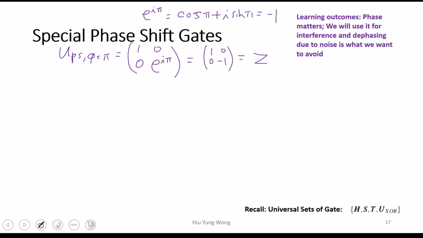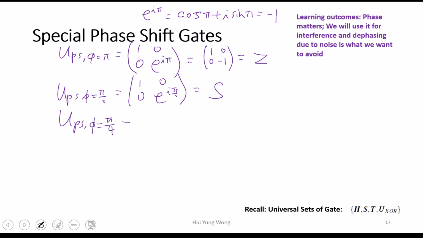Okay? Now you also have the one with phi equal to pi over 2. You go back and do it. This is called the S gate. You also have phi equal to pi over 4.